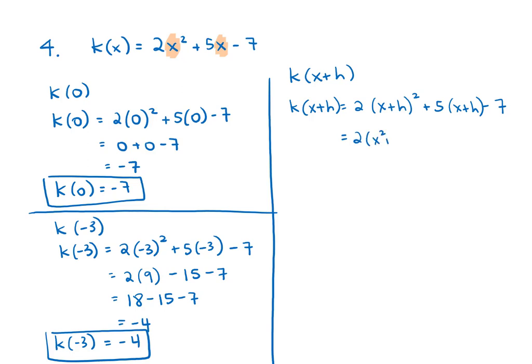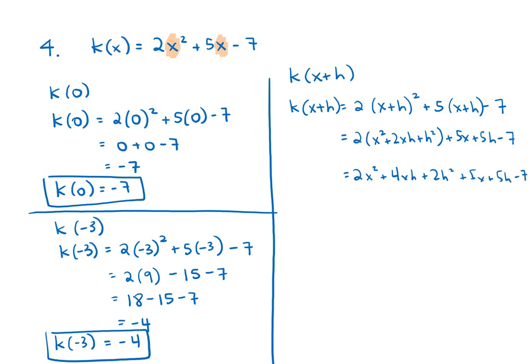That becomes x squared plus 2xh plus h squared plus 5x plus 5h minus 7. And that becomes 2x squared plus 4xh plus 2h squared plus 5x plus 5h minus 7.